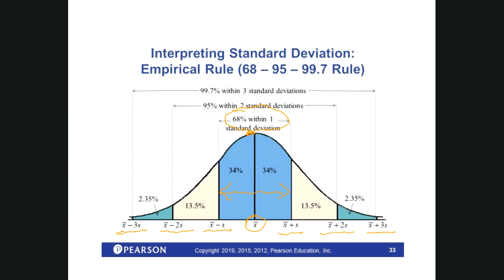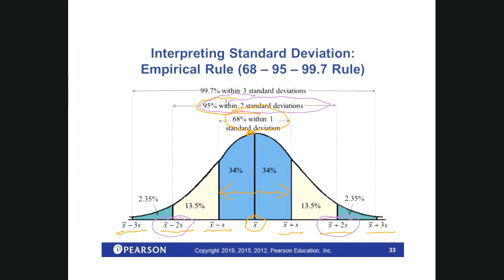And then let's do a different color here. Let's do purple. Let me change to purple. 95% will lie within two standard deviations. Notice that's almost everything. So here's x bar minus 2s and x bar plus 2s.